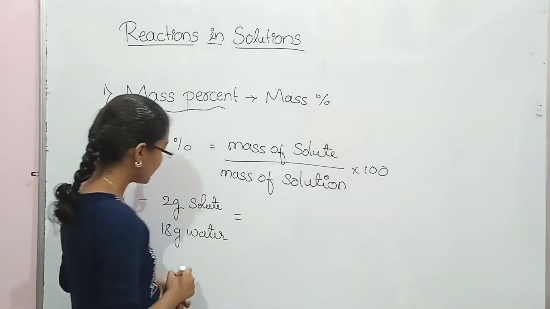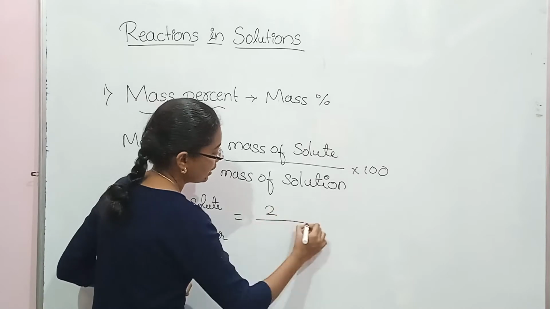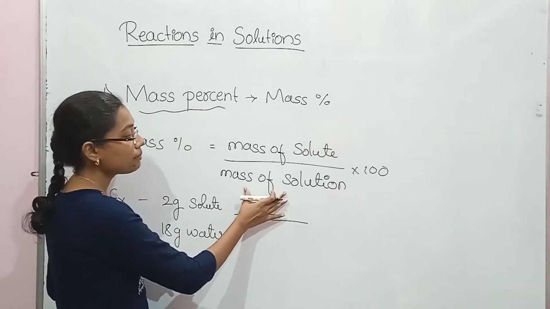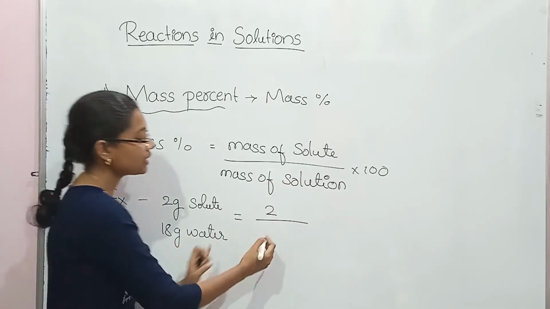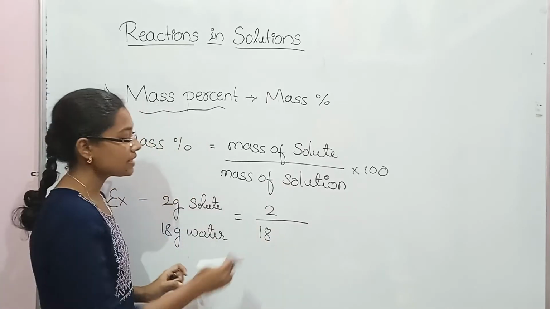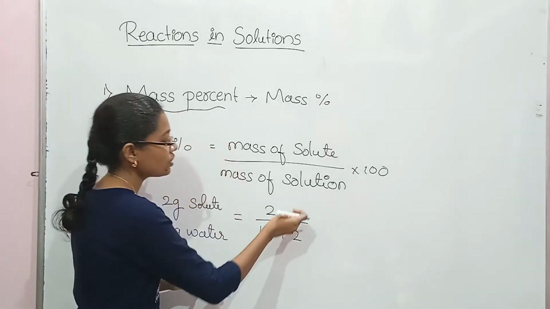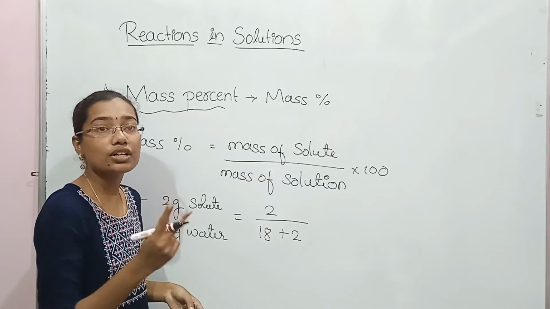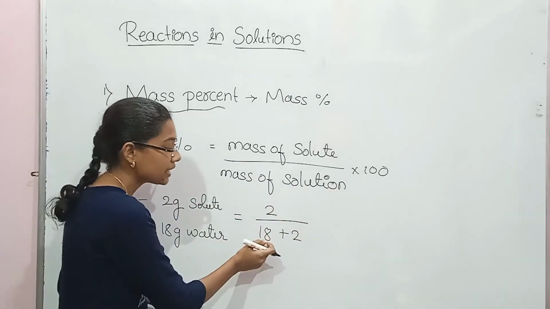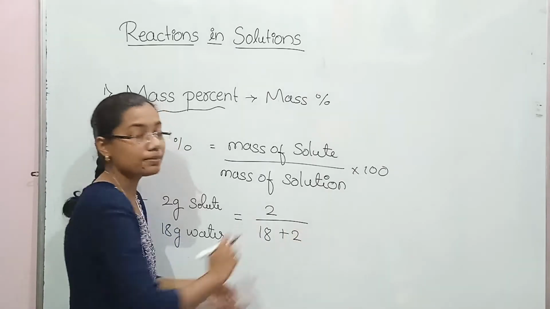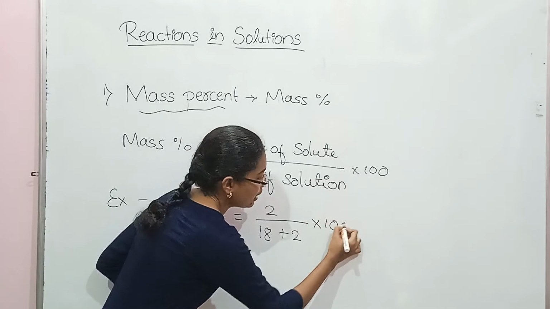So how to calculate this? Here the mass of the solute is 2, divided by the total mass of the solution they have given. So we should not take 18 directly. This 18 should be added to the 2, because we have dissolved the 2 grams of sugar in 18 grams. So the total mass of solution becomes 18 grams water plus 2 grams sugar, that is multiplied by 100.